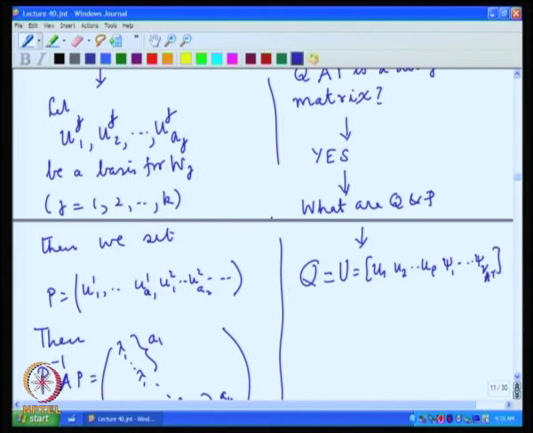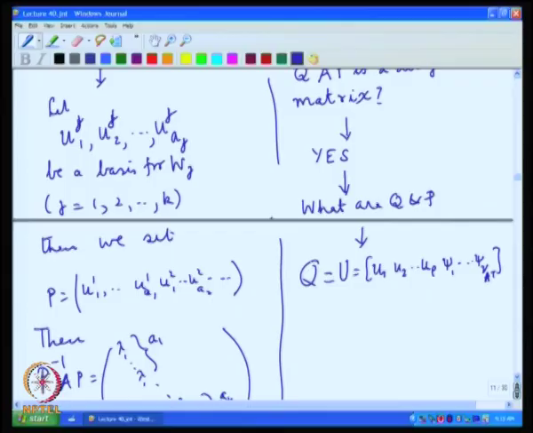Remember, the u1, u2, ..., u_rho form the basis for the range of A, and psi 1, psi 2, ..., psi nu form the basis for the range of A transpose. Since we are in the square matrix case, m equal to n, rho plus nu will be n, and therefore this will be an n by n matrix.